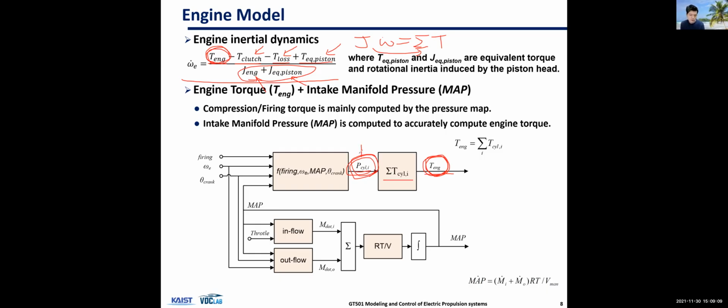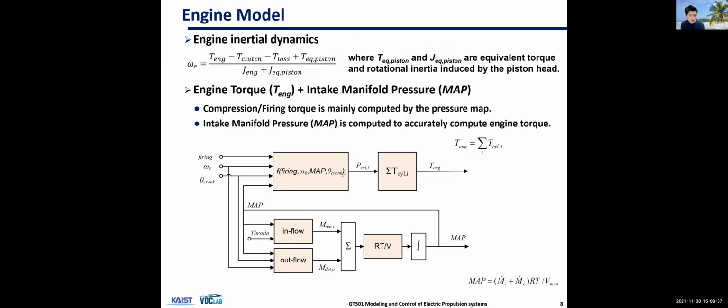So how do we compute cylinder pressure? Well, it's a function of engine speed, intake manifold pressure, and engine crank angle, and then firing command.